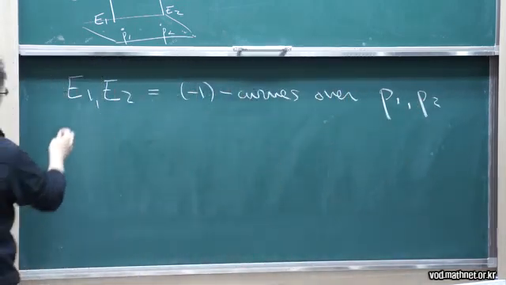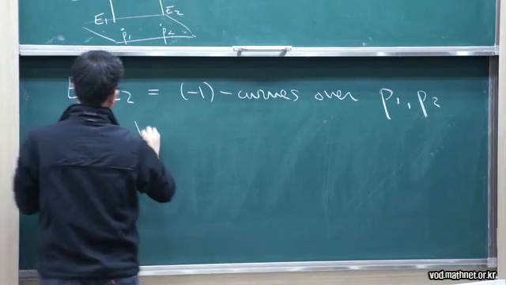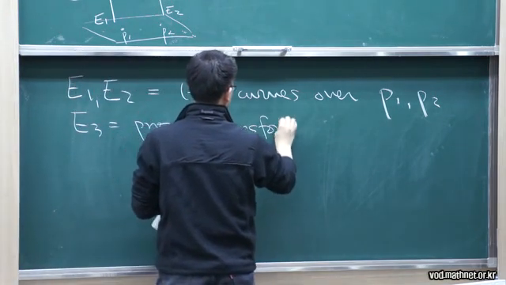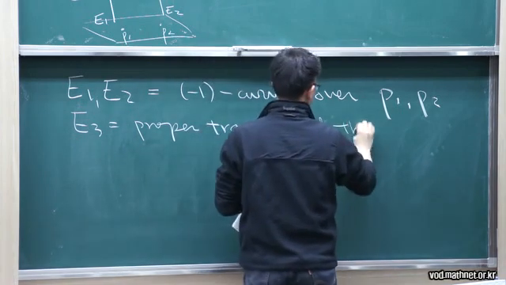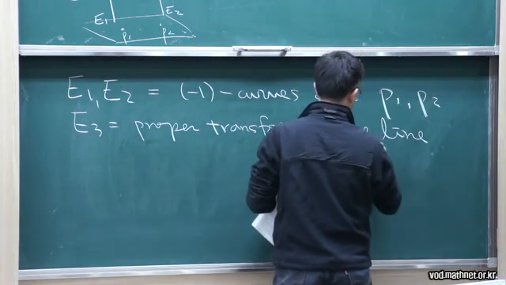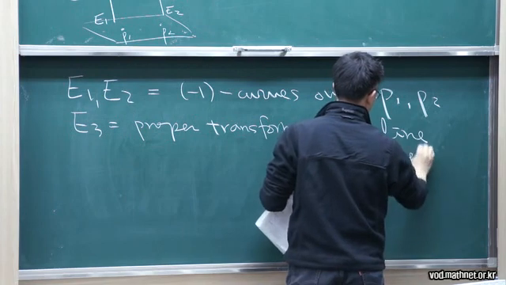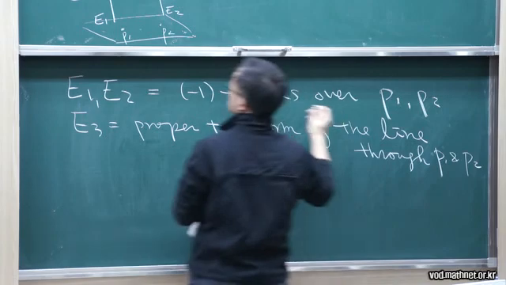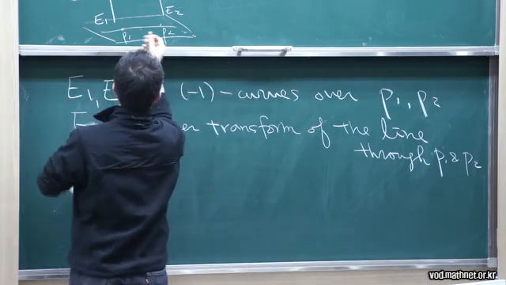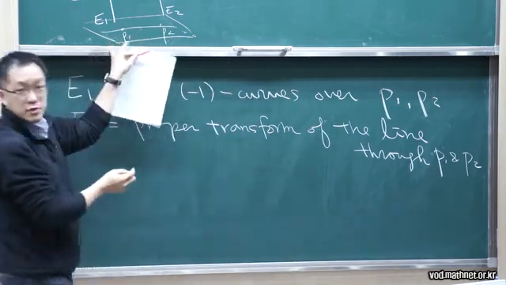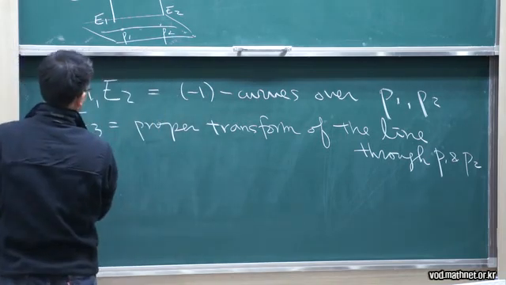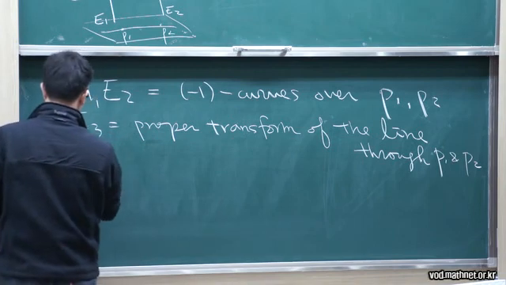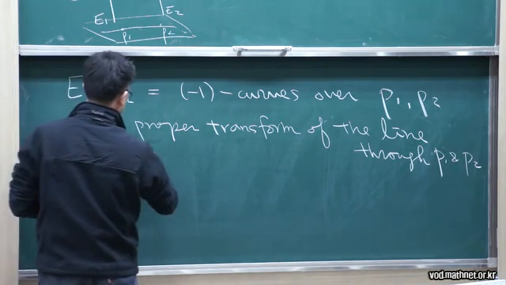And actually there is one more minus 1 curve, E3, the proper transform of the line through P1 and P2. So you take the proper transform of the line through P1 and P2. Okay? And you can check that this is also a minus 1 curve.